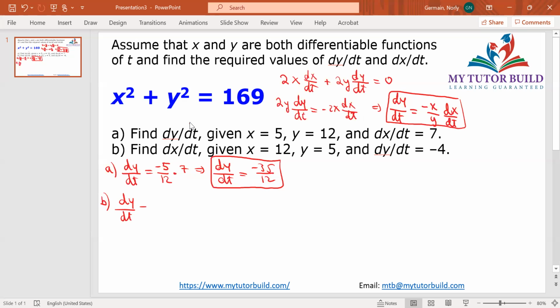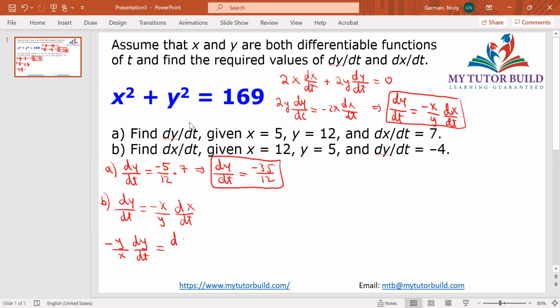So after doing a couple of steps of algebra, we realize from dy/dt equals negative x over y times dx/dt, we can solve for dx/dt. That means multiply both sides by negative y over x. It would give you negative y over x times dy/dt. When we multiply the right-hand side by negative y over x, this one would be equal to 1.